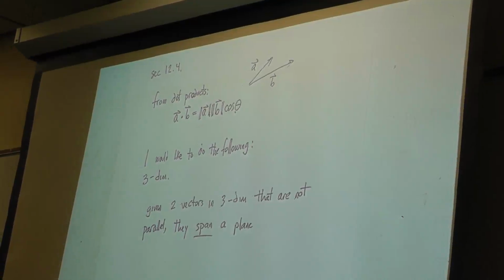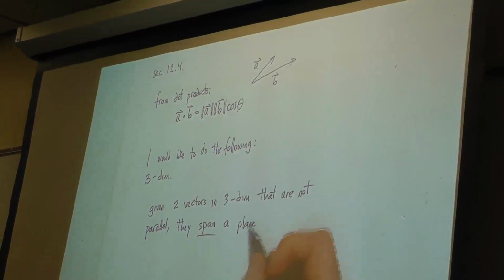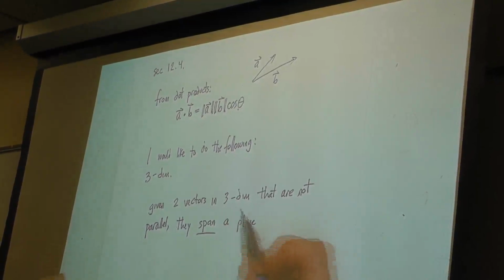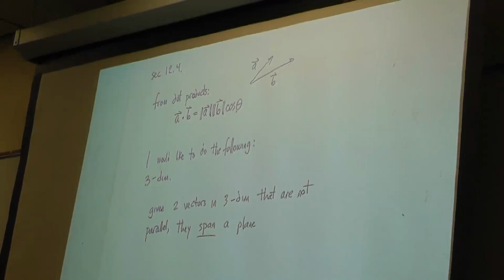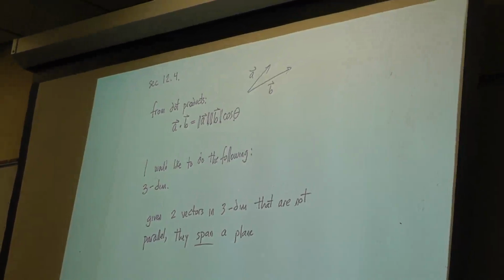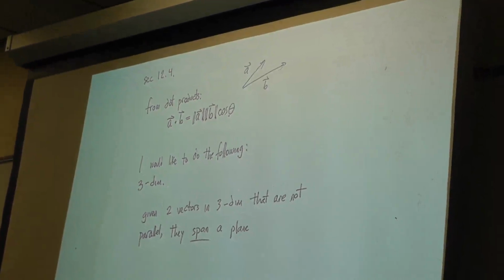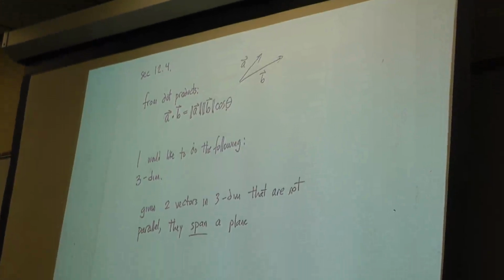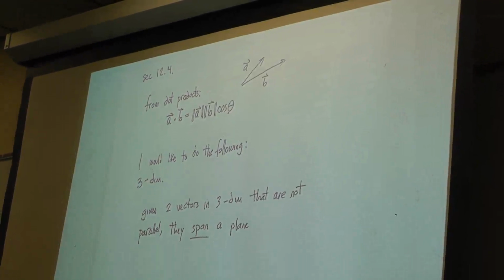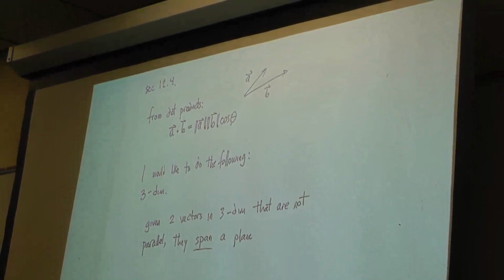I would like to find a third vector that is, they're going to use the word normal, but at the moment, before we start getting into weird language, I'm just going to keep using perpendicular because that's going to make the most sense at the moment.